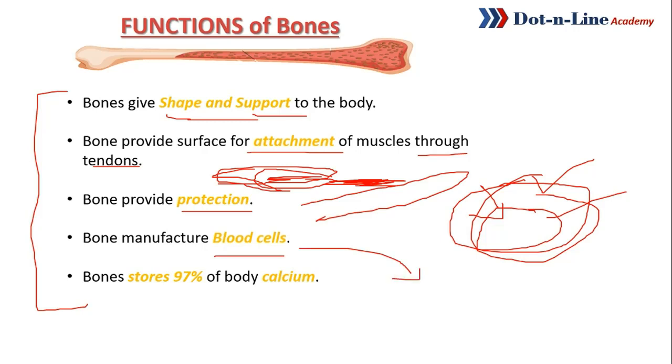They form the cells of our blood, like RBCs, WBCs and platelets. All these cells are formed inside bone and we will study it. Bone stores 97% of the body's calcium, and the rest is in blood and in the muscles.